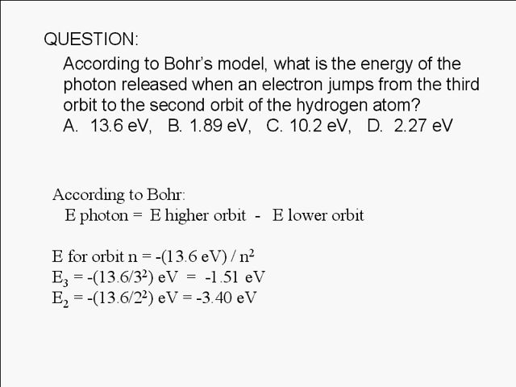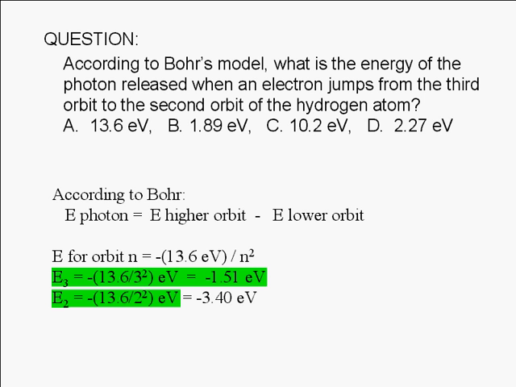In this problem, we are given that the electron jumps from the third orbit to the second orbit. So we calculate E for the third orbit. Negative 13.6 electron volts divided by 3 squared equals negative 1.51 electron volts. And we calculate E for the second orbit.